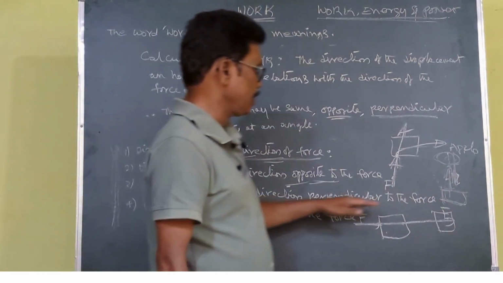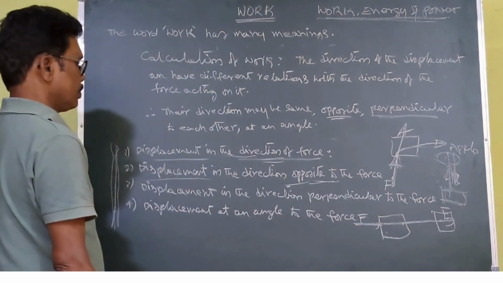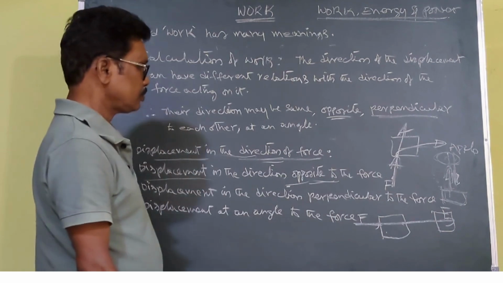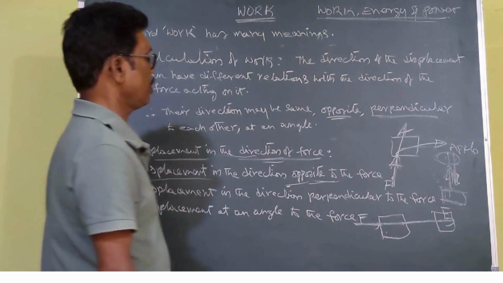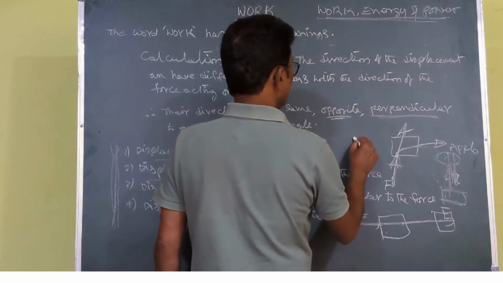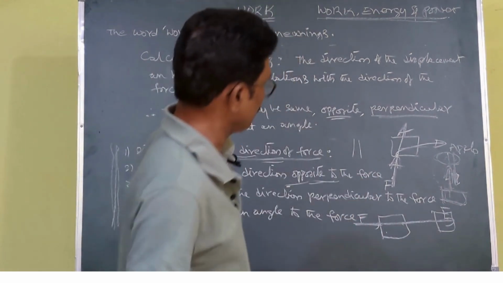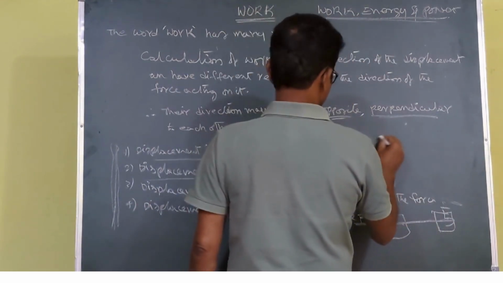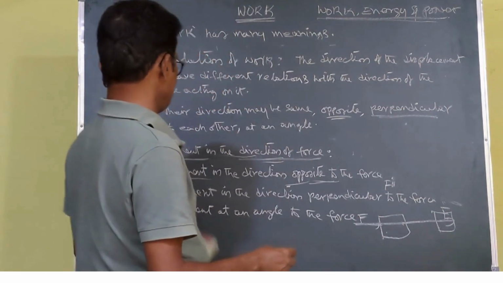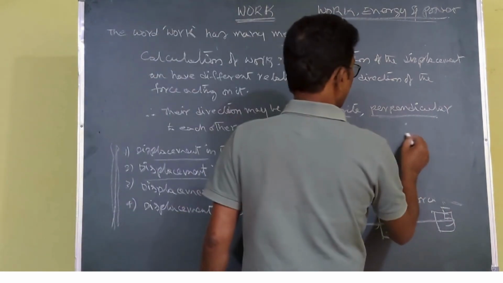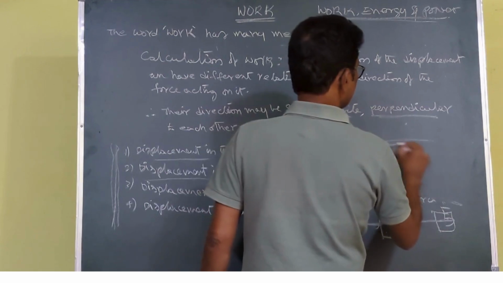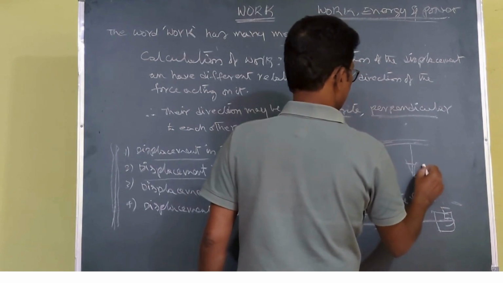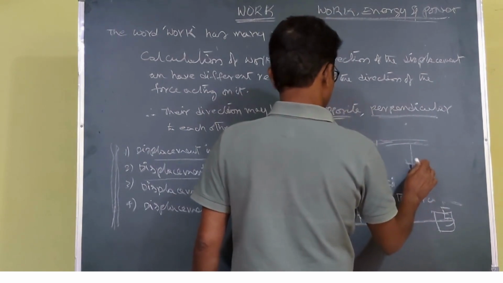Displacement in the direction perpendicular to the force. You can take the example of a porter, a coolie, at the railway station, or the aeroplane, which is the best example. The aeroplane is moving in this direction, and the gravitational force is acting in this direction.